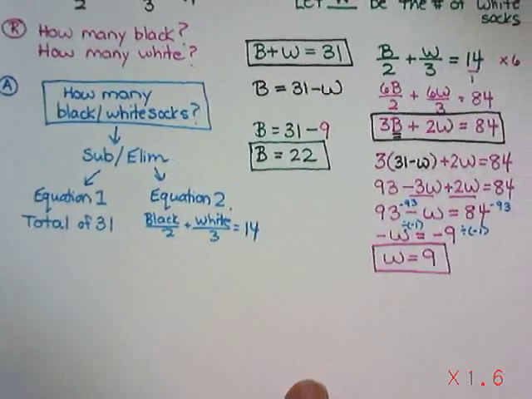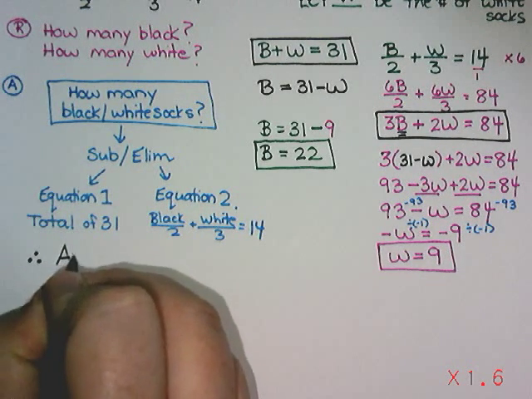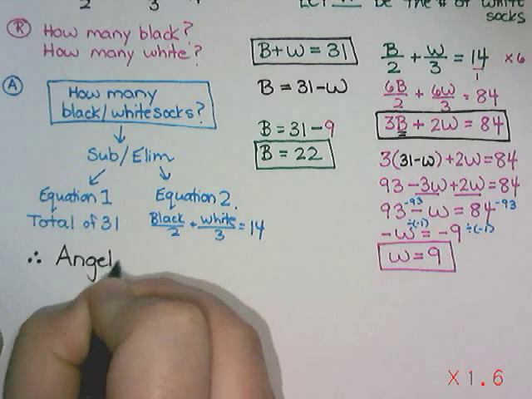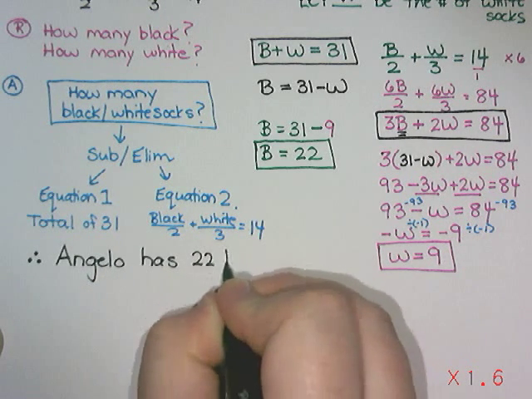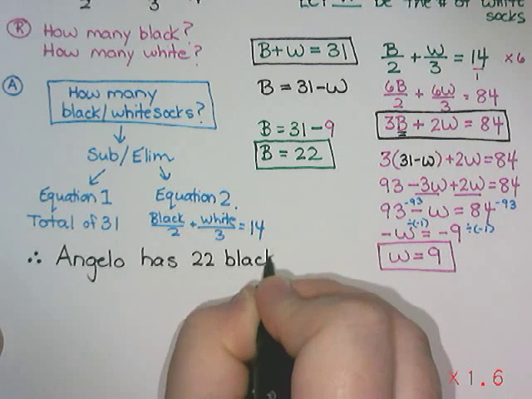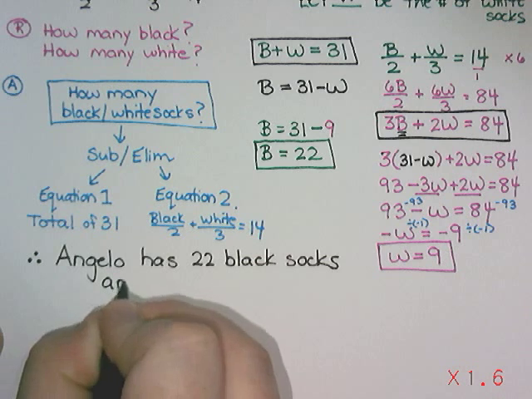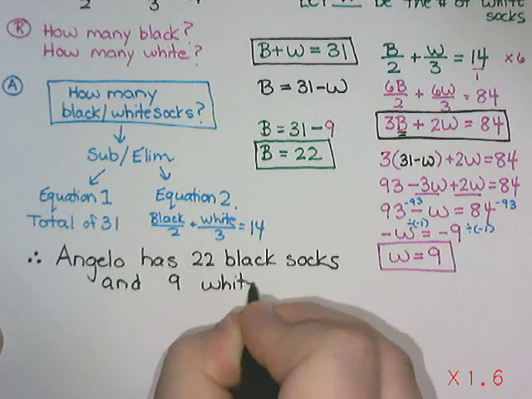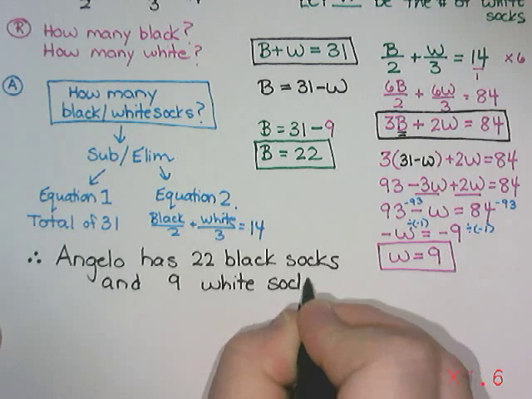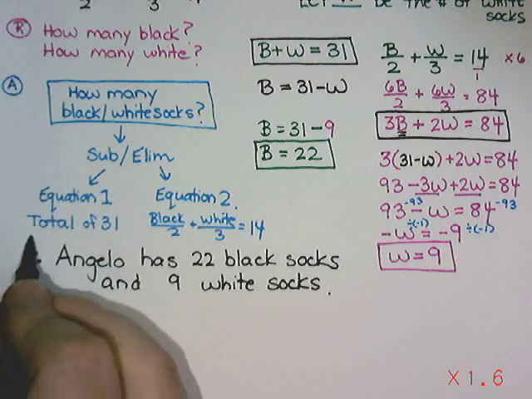So therefore, Angelo has 22 black socks and 9 white socks. And that's a linear systems number problem.